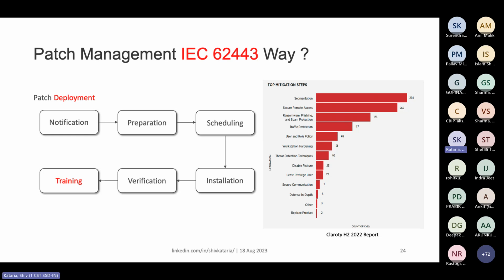Second, next to it, is putting in a secure remote access solution. In your secure remote access solution, most of your vulnerabilities get fixed. Finally, you can take protection from ransomware, because for the last 3 years ransomware is in the news. Every now and then we hear a lot about ransomware. So they are also very important to be fixed. Then traffic restrictions, user and their role policies.